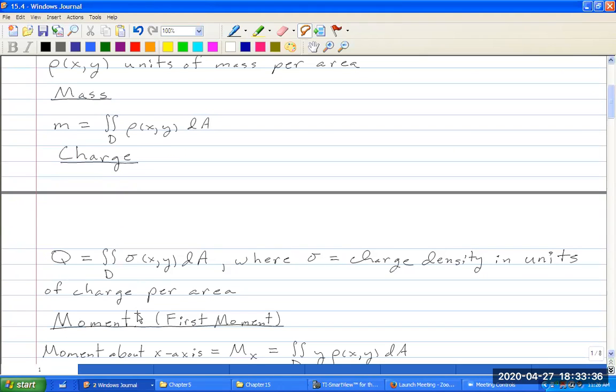Similarly, we can think of charge. It'll be the same sort of definition.